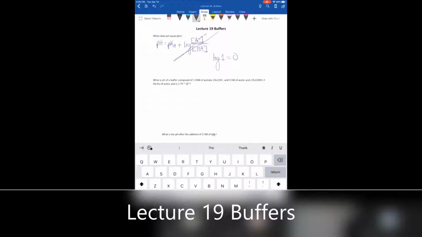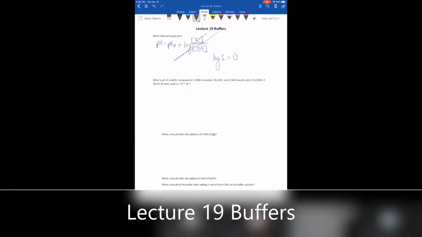So the first step, do you know the first step at all? Yeah. Okay, so you're going to take the negative log of 1.75 times 10 to the negative 5.